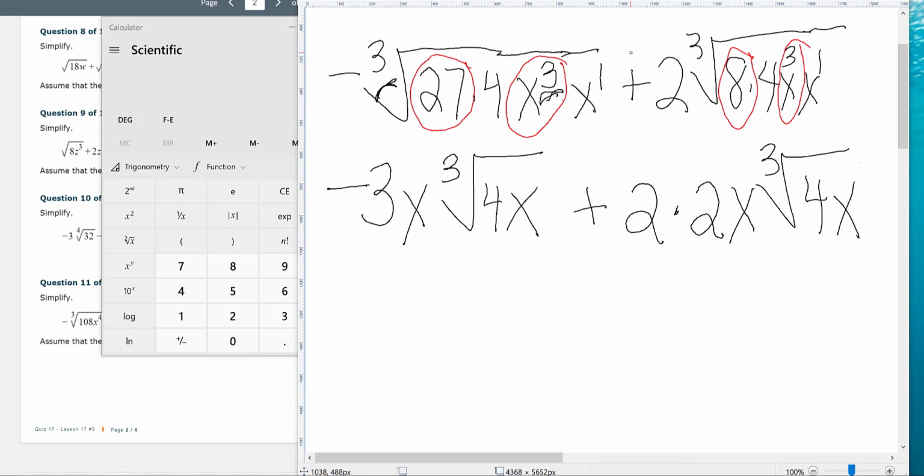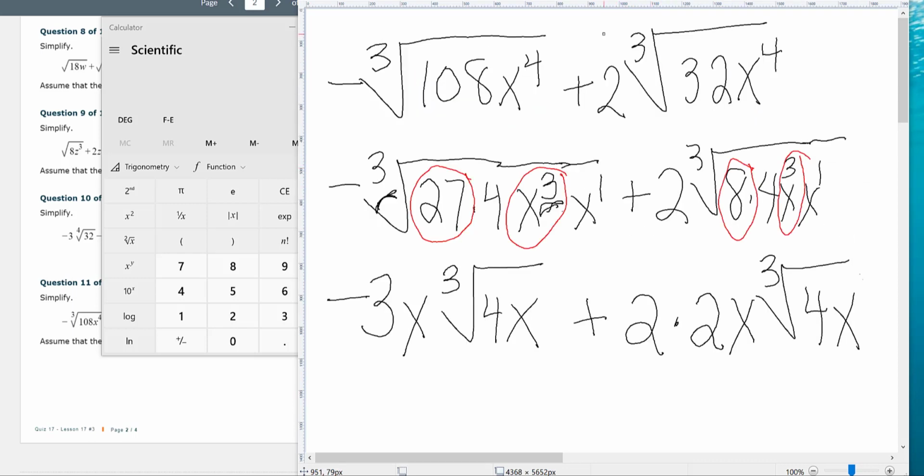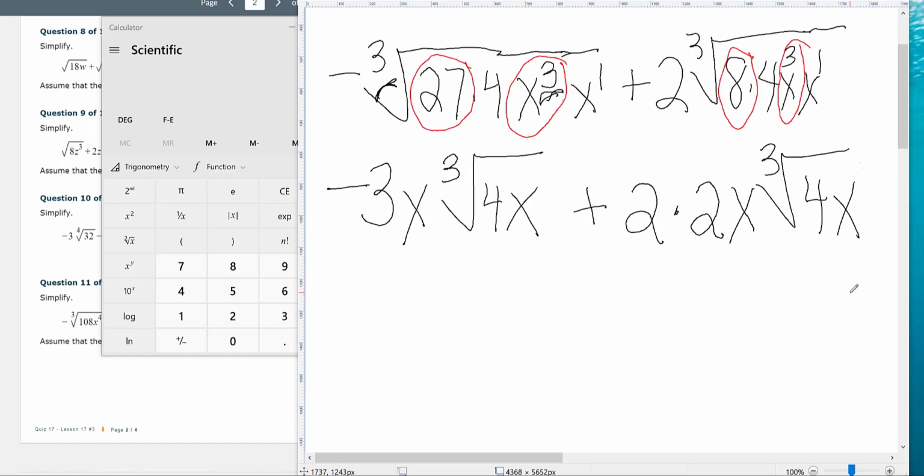So again, you can think of that as the index 3 going into the exponent 4 one time with 1 left over. Or you can split it up, x to the third, x to the 1, and 3 goes into 3 one time with 1 left over.